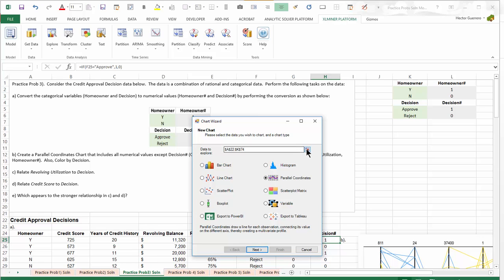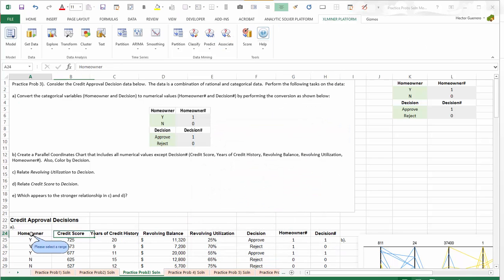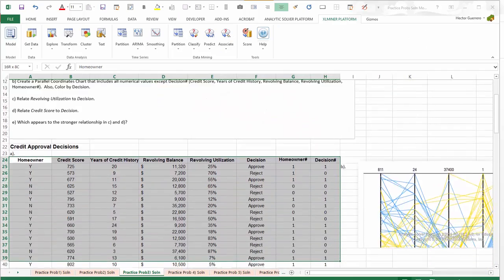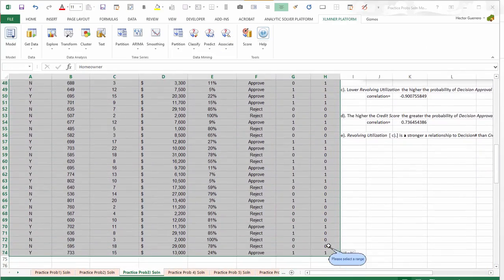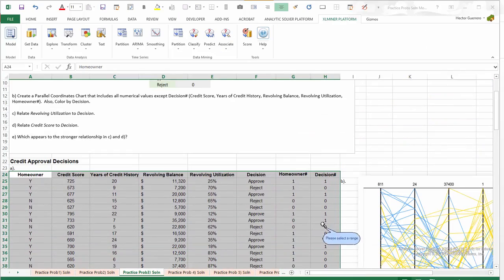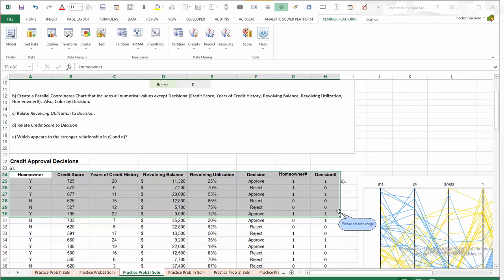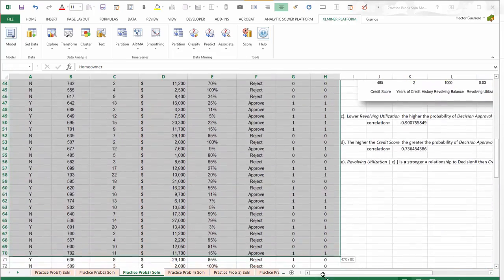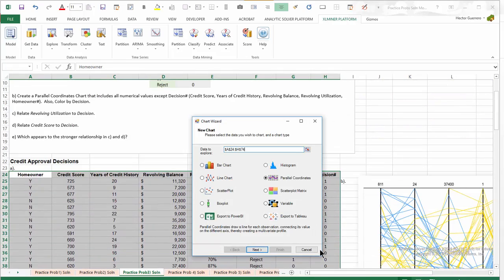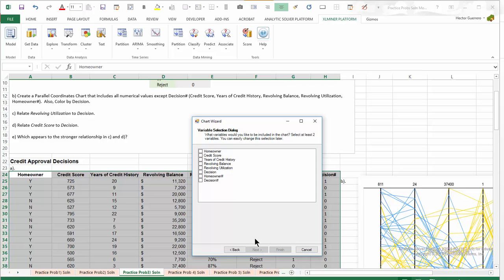First of all, let's capture our data. I'm going to go up, grab all our data here. Now that I've captured my data, I want parallel coordinates. I'm going to hit next. What do we want?